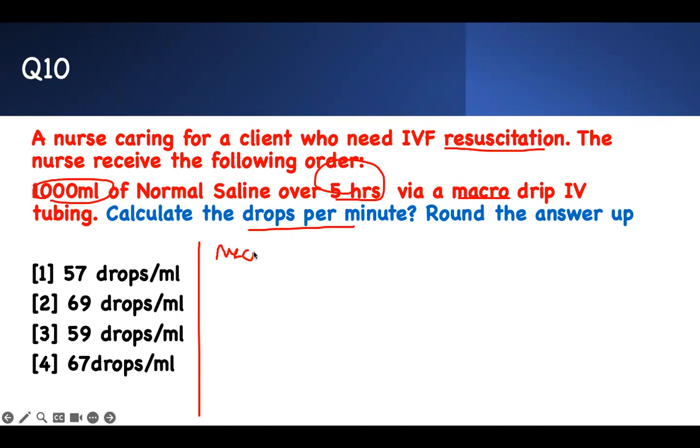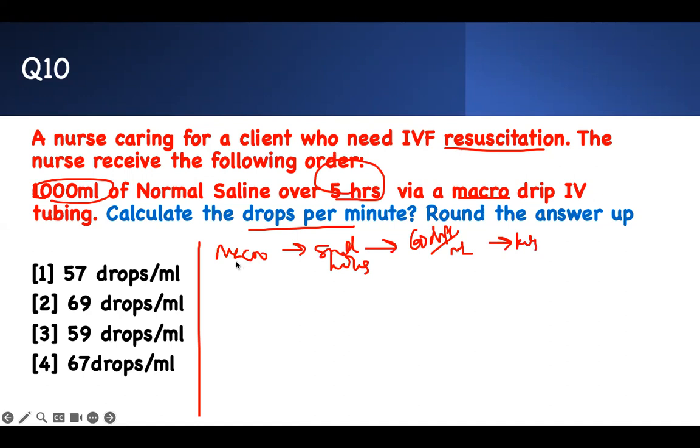Micro drip means the holes are small. Therefore, it's going to take a lot of drops per ml. So for every ml, you're going to have a lot of drops. This is usually 60 drops per ml, and this is what we use for kids.